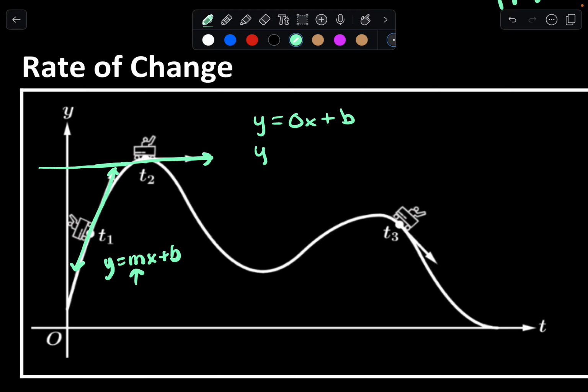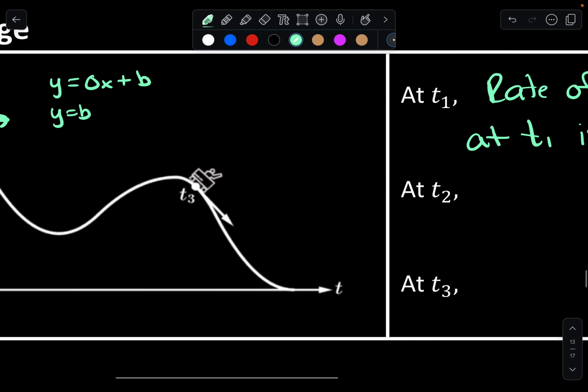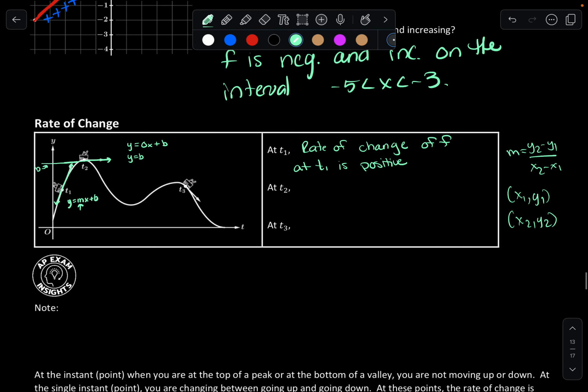We'll say b, which means y is equal to b, and that b value would be whatever this y is, okay? So that means the slope is going to be 0. So the rate of change of f at t sub 2 is 0.